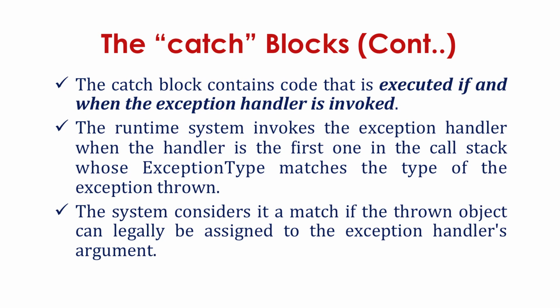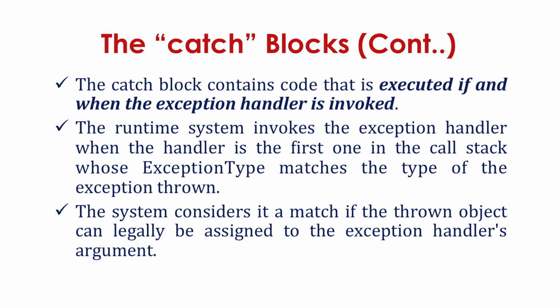When an error or exception occurs, the relevant exception occurs inside the try block, then the relevant exception handler will be invoked. The runtime system invokes the exception handler when the handler is the first one in the call stack whose exception type matches the type of the exception thrown.